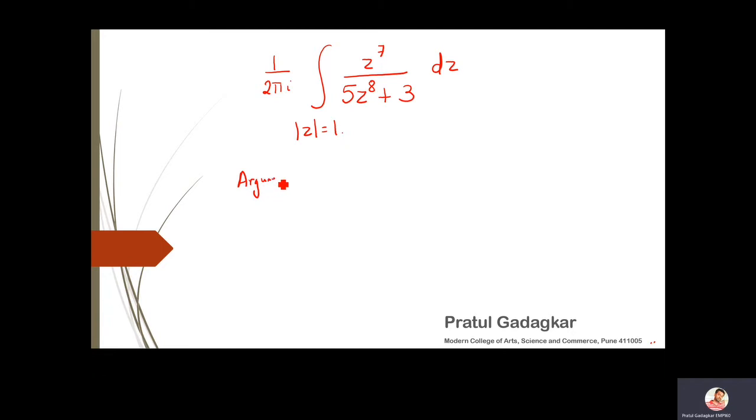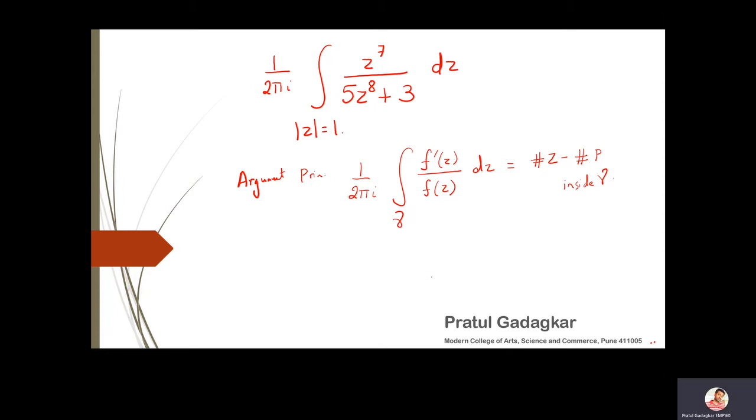The argument principle says that whenever I have 1 over 2 pi i integral of the derivative of the function, let me write it f dash z upon f z dz over the curve gamma, this is equal to number of zeros minus number of poles inside gamma.